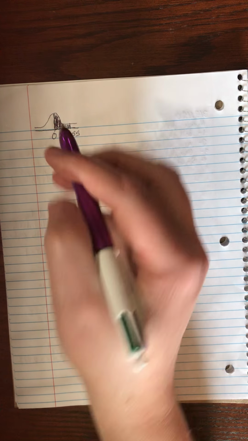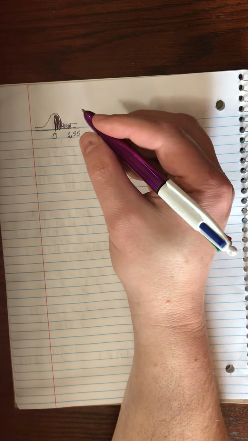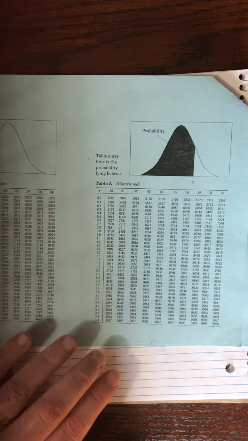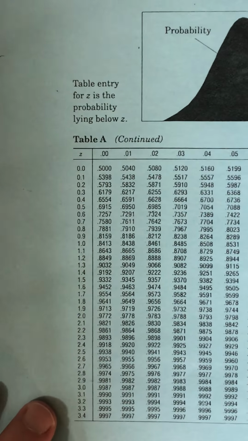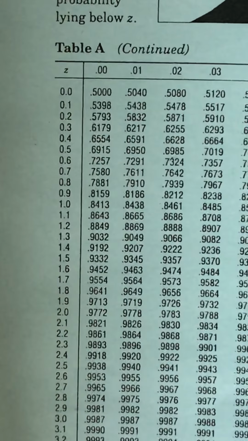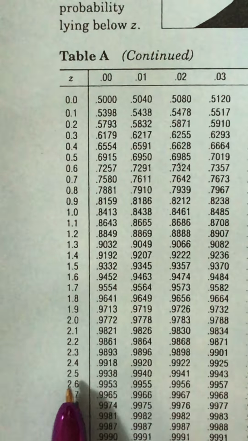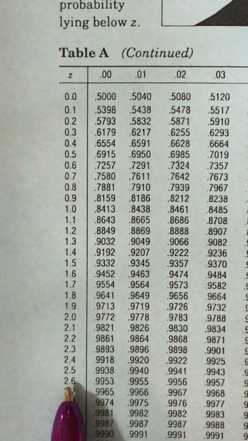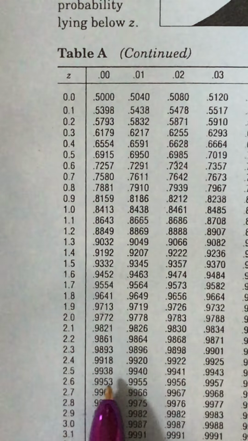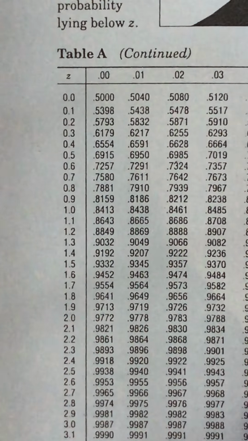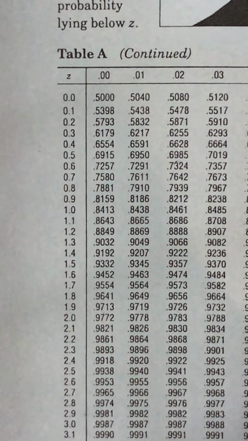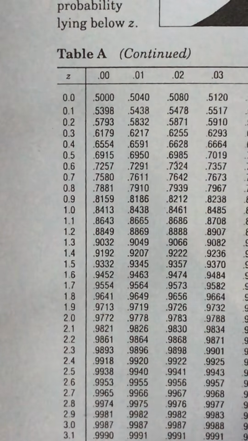Well, what do you do? Here's your z-score. You look up 2.55. Okay, so here's our little chart again. We'll find 2.55. Okay, we come down here to 2.5. And we move over to 2.55. And we have a probability of 0.9946.